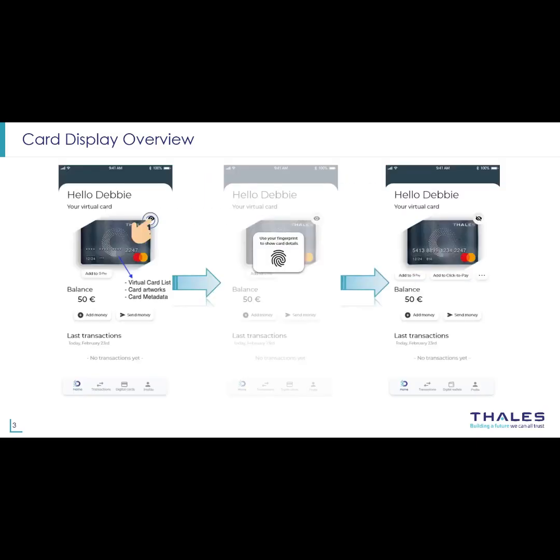Card display overview. In this slide you can see the main features provided by our D1 card display functionality. First, the card artwork and the last 4 digits of the card are displayed. The end user is able to tap on the eye icon located in the upper right corner of the card to display the full card details.